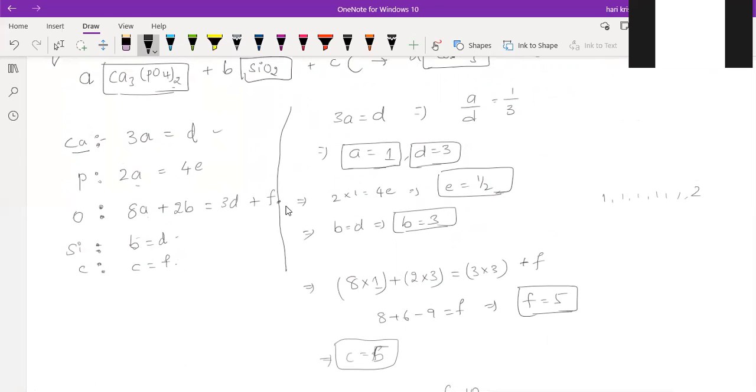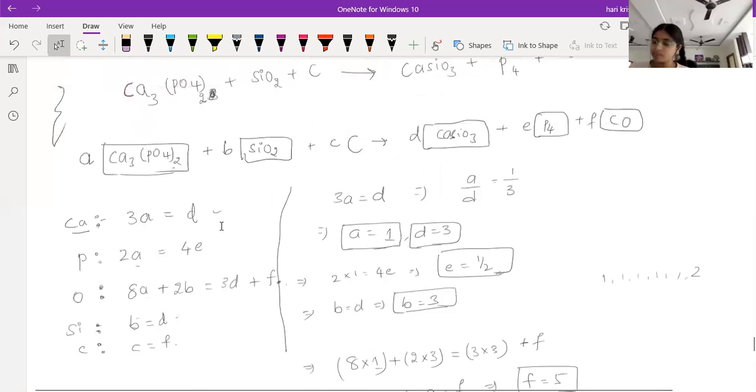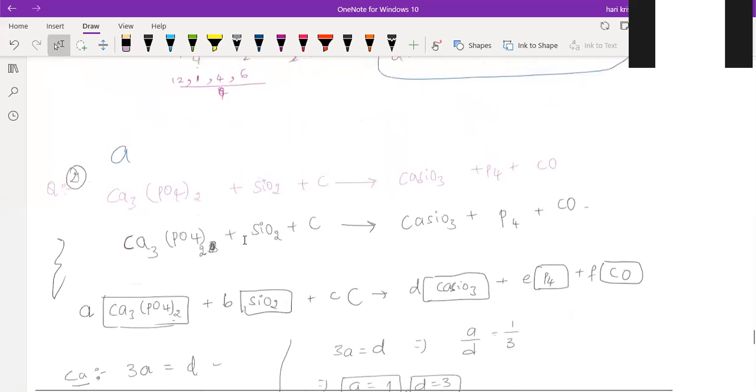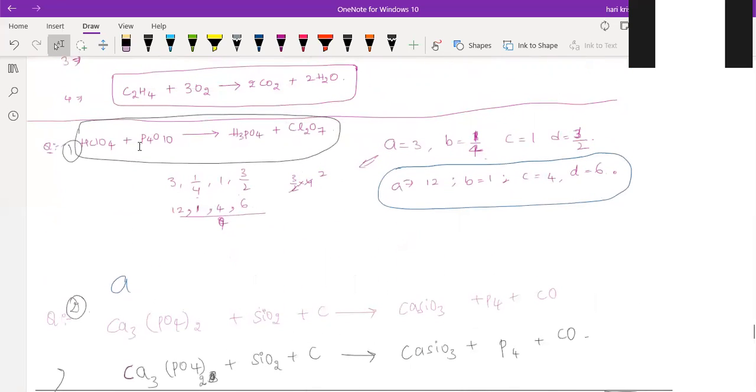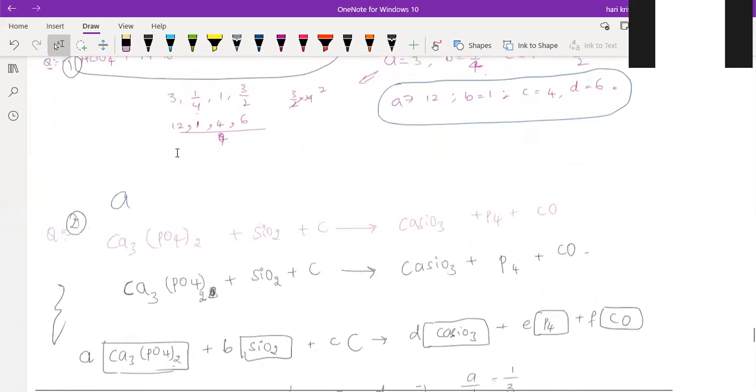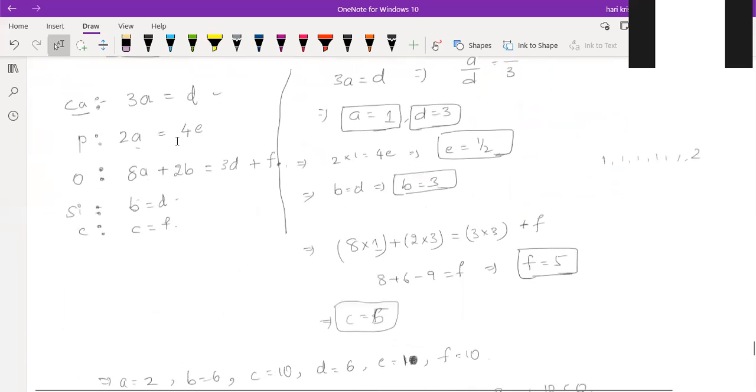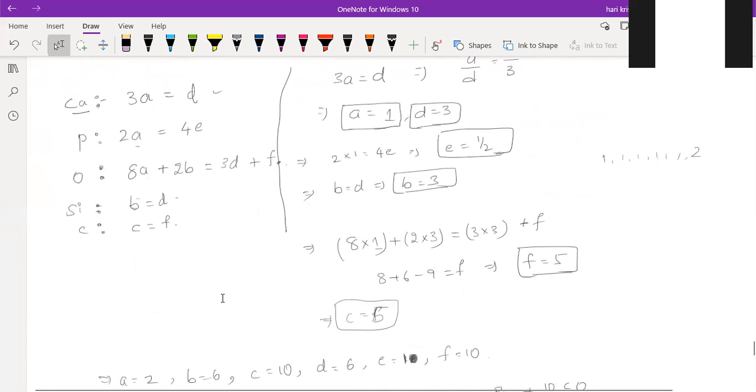No problem. But if you want to solve in a simpler way, you should take the simpler equations. In the above case also I did the same, that's why I got so many fractional values. Out of the given equations, like HClO4 and P4O10, if you take the simpler one, you will get only integer values directly.